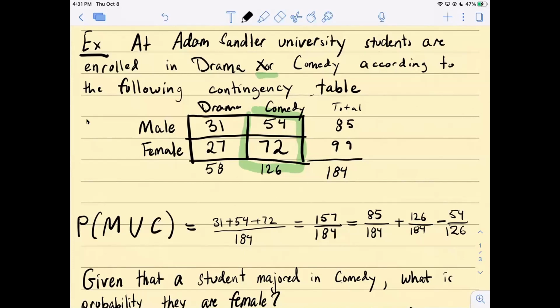But what about the probability of being male, given that you're a drama student? Is that also the same proportion? Of course there are fewer students overall because your sample space is smaller. But if everybody is represented in each major as they are in the overall school, then we would say that the major is independent of the gender.